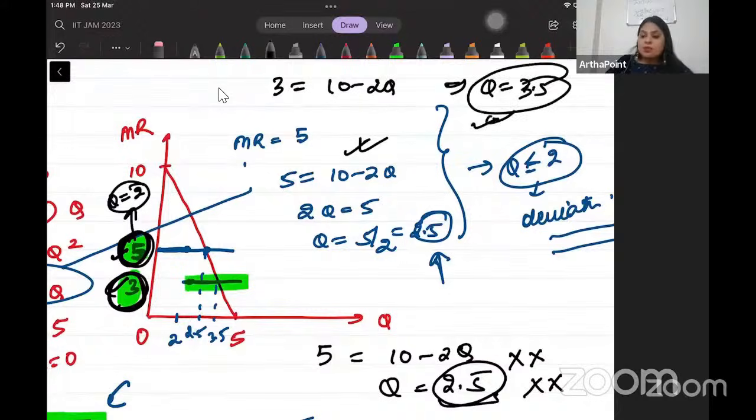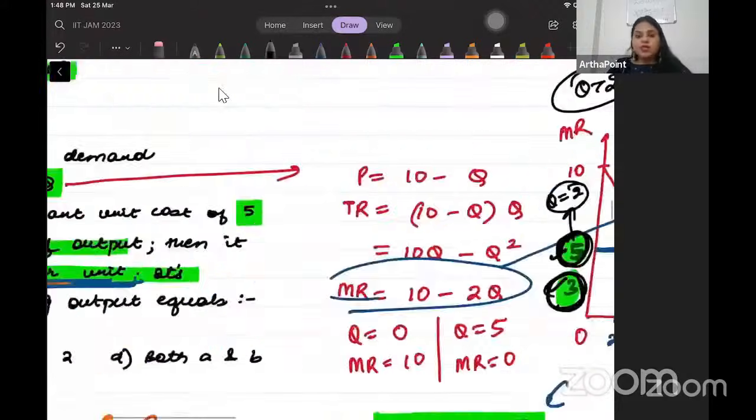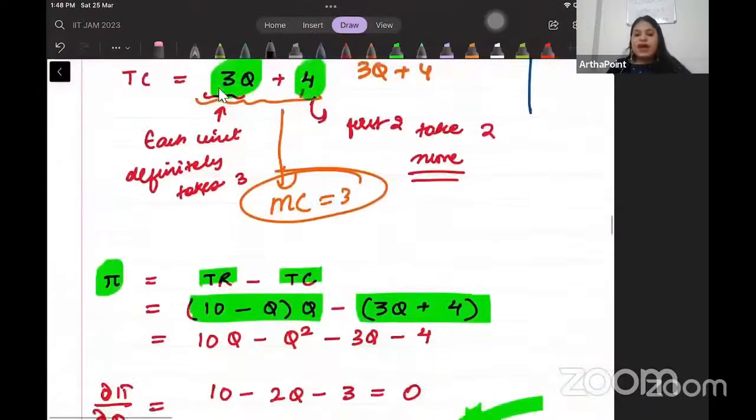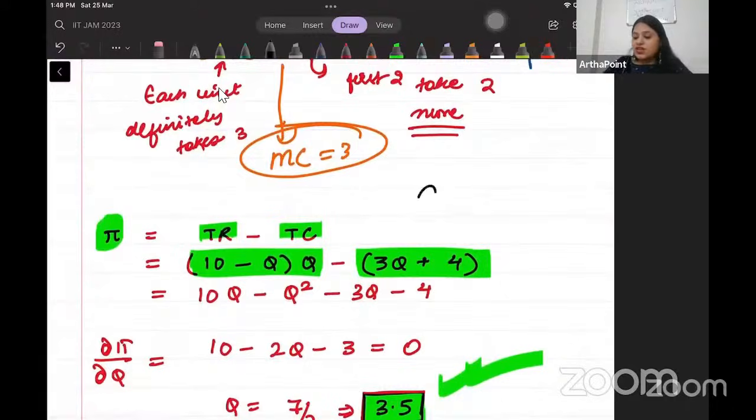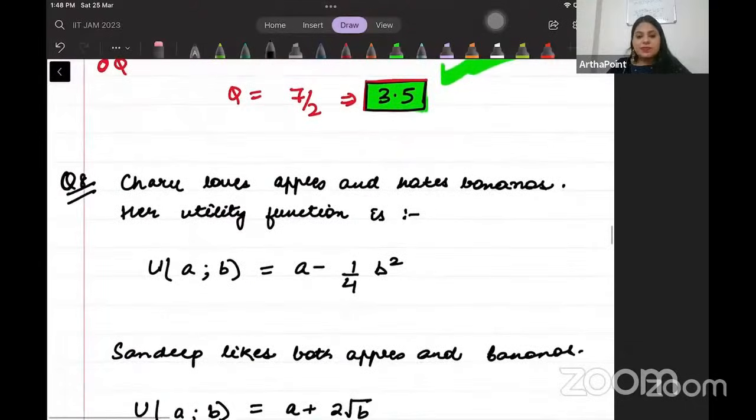And this is correct because this marginal cost was for Q greater than 2. And here also we see the same thing, that Q is coming greater than 2. So it's a very good question, but I would really love if you understand how you formulate the total cost in this. Is this making sense?